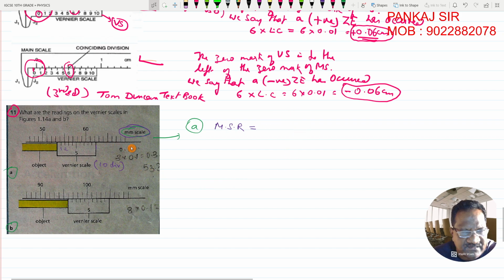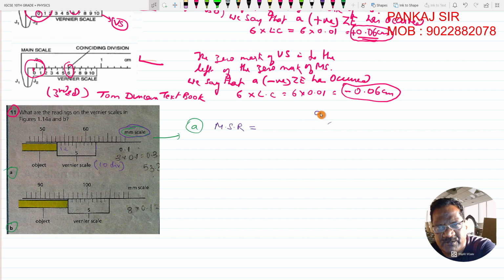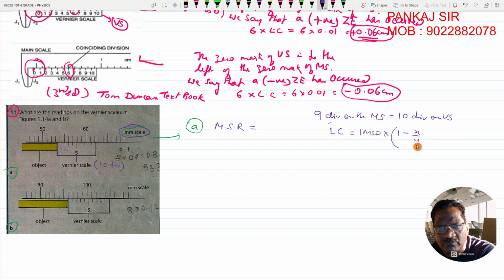The Vernier caliper in the diagram belongs to the category where 9 divisions on the main scale are equal to 10 divisions on the Vernier scale. Hence the least count will be, using this formula, 1 MSD multiplied by 1 minus x upon y.